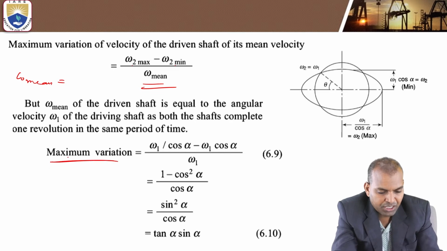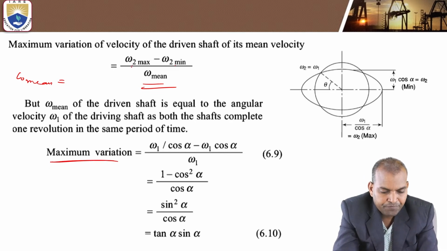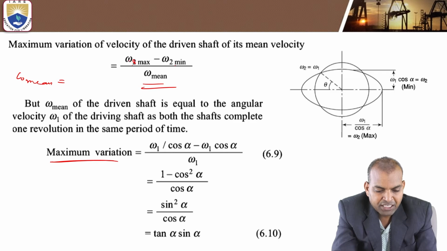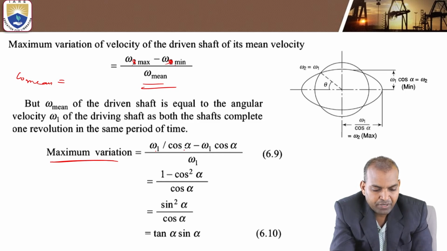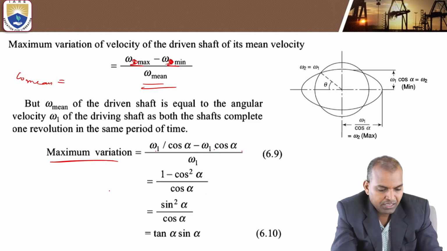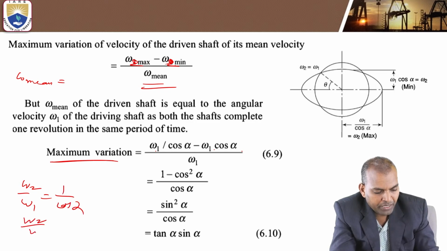So the maximum variation: what is omega 2 maximum, omega minimum by omega mean? That is omega 1 by cos alpha for maximum, and minimum means omega 1 cos alpha. That is omega 2 maximum by omega 2 mean. This is the ratio: omega 2 by omega 1 equal to 1 by cos alpha, and omega 2 by omega 1 equal to cos alpha.